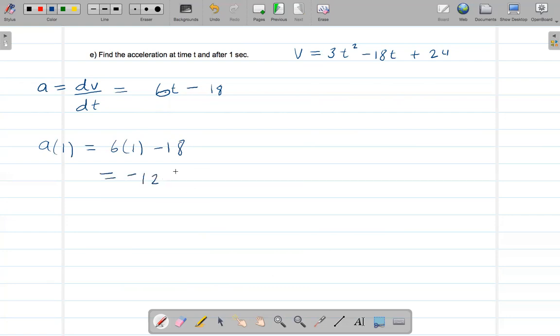The unit of acceleration is meters per second squared. For velocity, it's meters per second, and for position, it's just meters. Okay, that's all I want to talk about in this section.